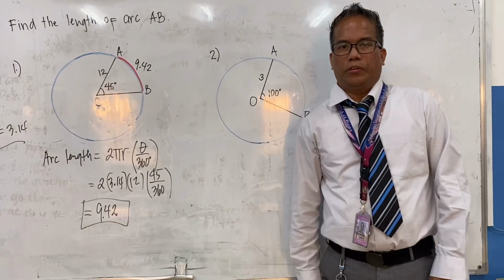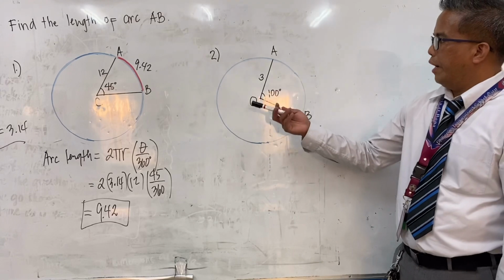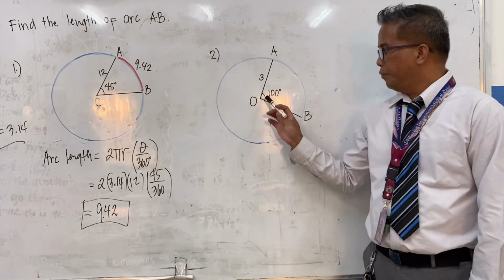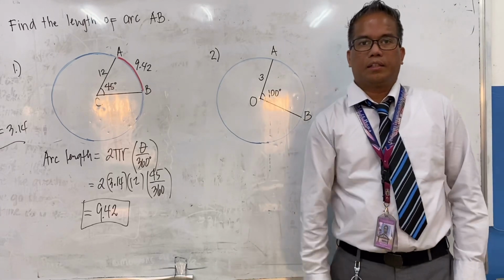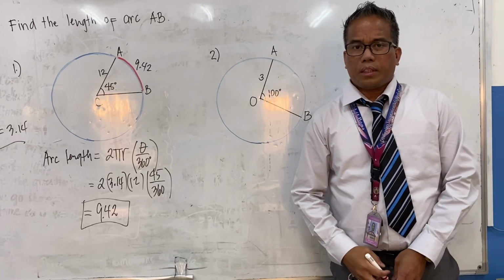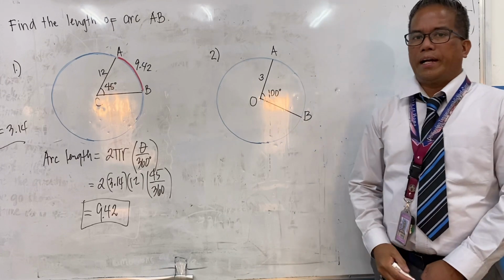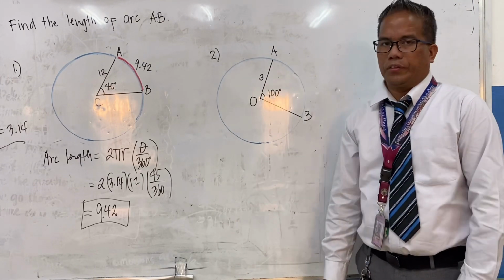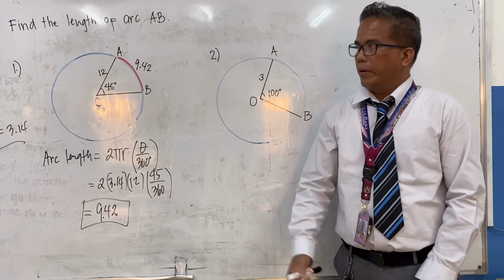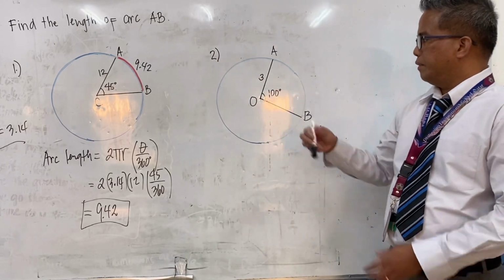Let's proceed to question number 2. We have the given circle O. Angle AOB is a central angle, the measurement of the angle is 100 degrees, and the radius is equal to 3. Now, we are going to find the length of arc AB.